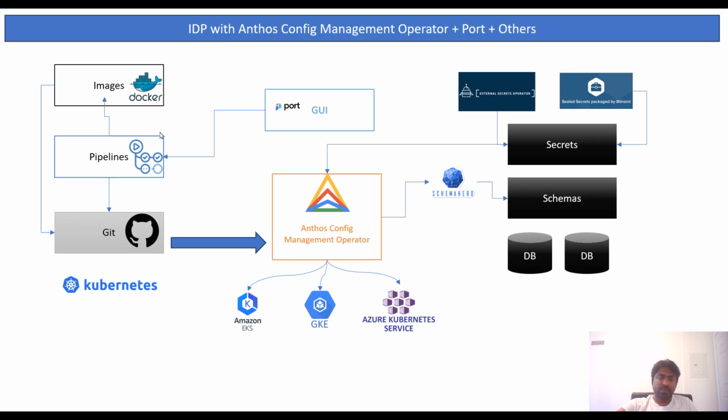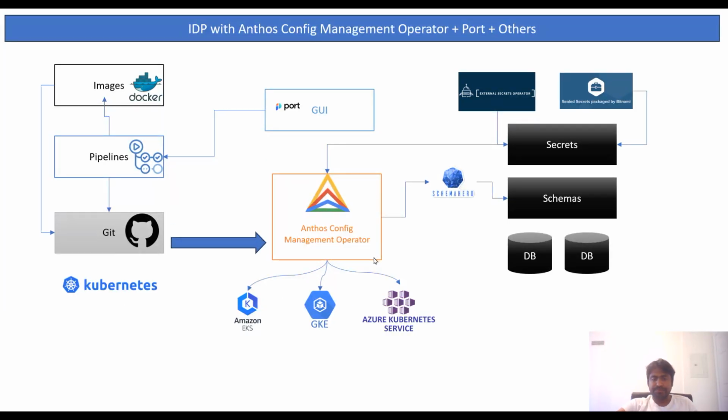That pipeline will push the changes to my Git repo. First the namespace manifest is created, then the deployment manifest, and those will be pulled by the Anthos config management operator because it is sensing the Git repo, and then it will apply them to the cluster.